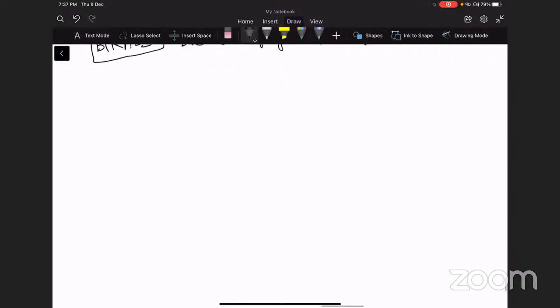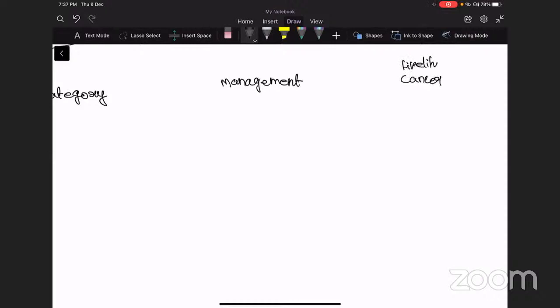BIRADS is very, very important. We have category and how we are going to manage it, and what is the likelihood of cancer.